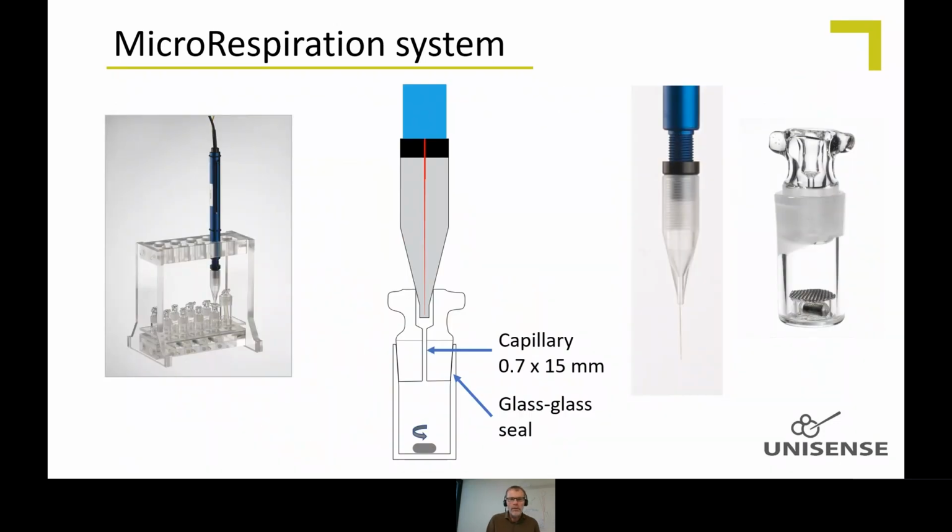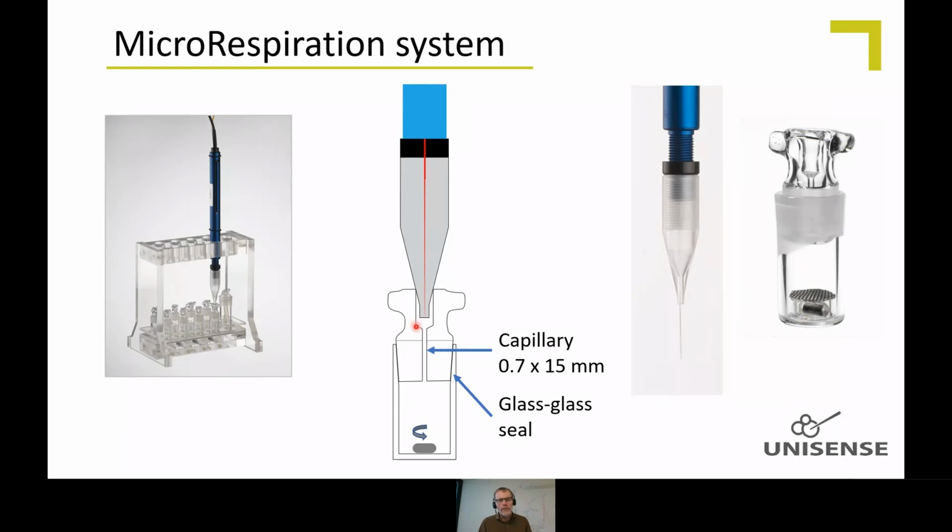So I will briefly explain. This is a drawing of the chamber. You have the stirring down here, you have the glass seal, and you have this glass capillary where the sensor can be inserted. The capillary is only 0.7 millimeters in diameter and 15 millimeters long. And since it's a capillary, water will always be stagnant in here, so no convective transport.